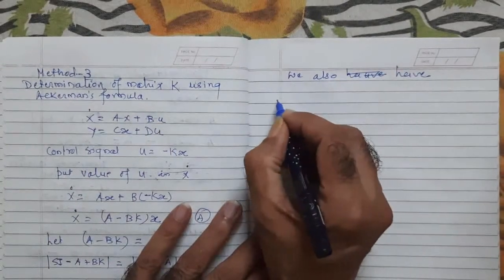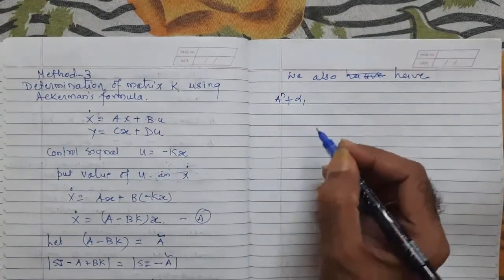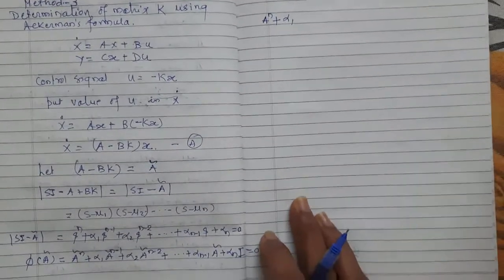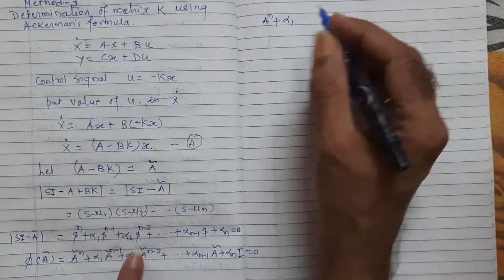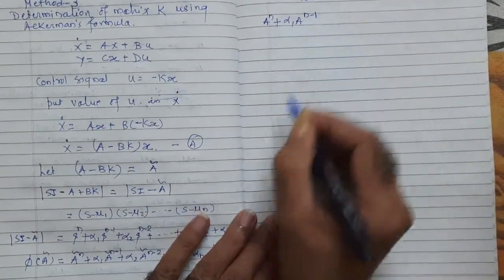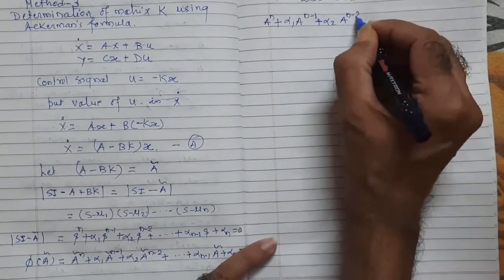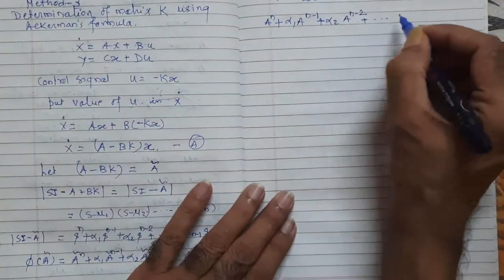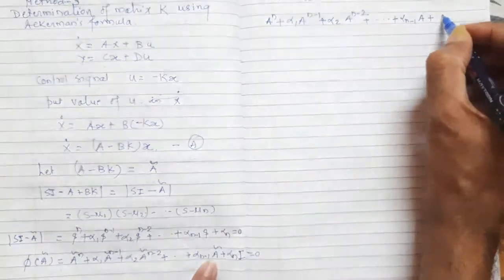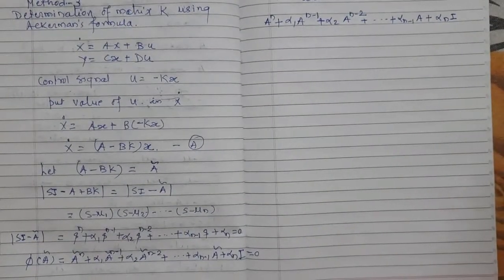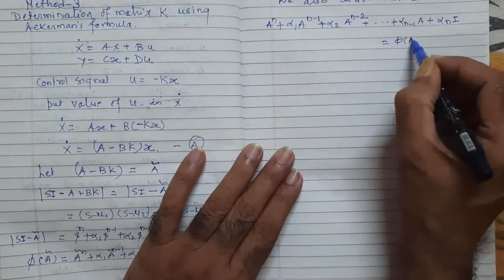It is A raised to n plus alpha 1 A raised to power n minus 1 plus alpha 2 A raised to power n minus 2 plus and so on plus alpha n minus 1 into A plus alpha n into I. This is equal to phi A, that is my Cayley-Hamilton theorem.